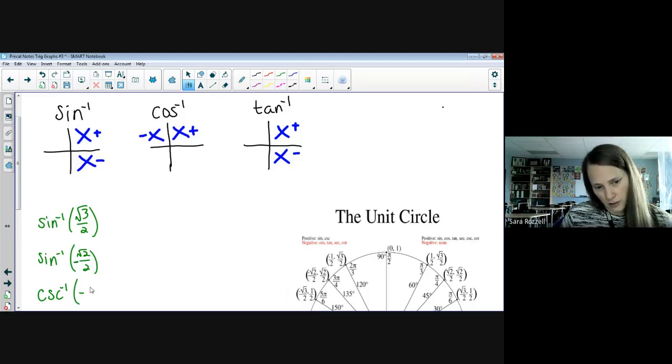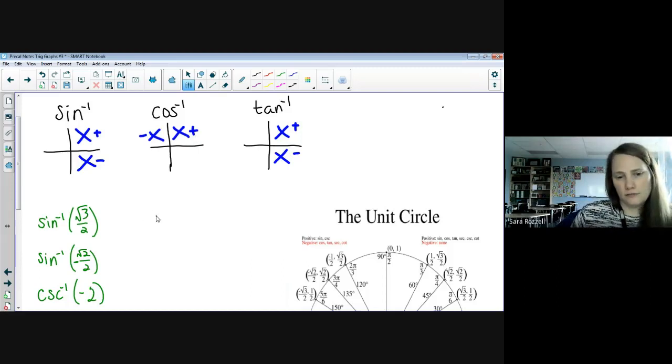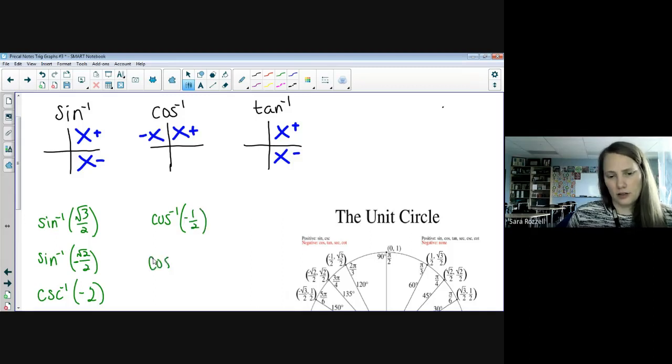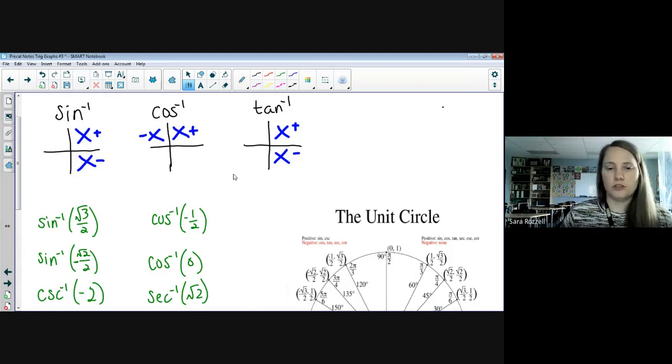Sorry, I forgot to put the negative. -2. And for cosine, we're going to do inverse cosine of -1/2. Inverse cosine of 0. And inverse secant of square root of 2. Then we'll do tangent.